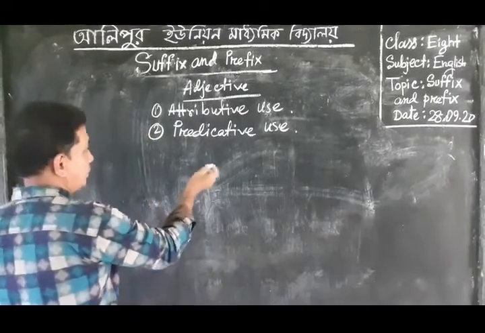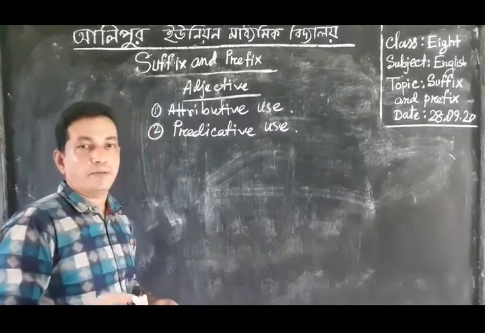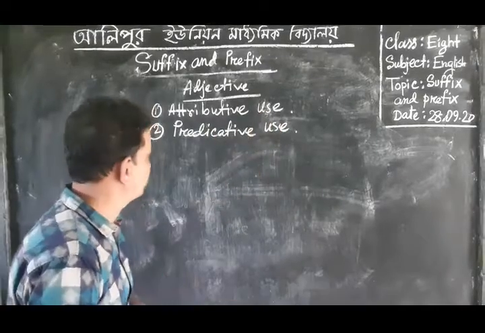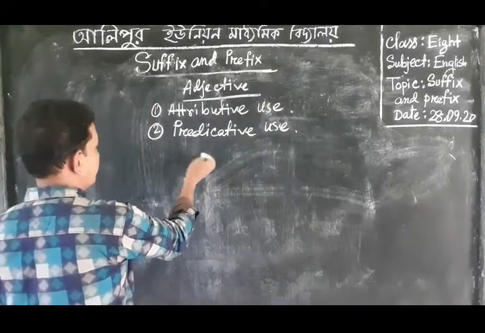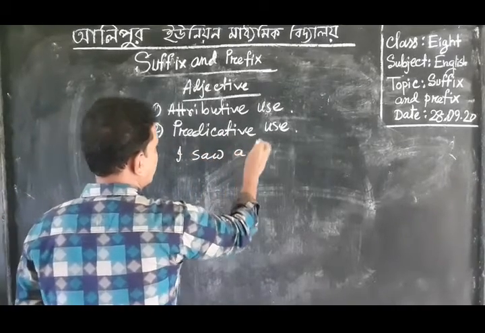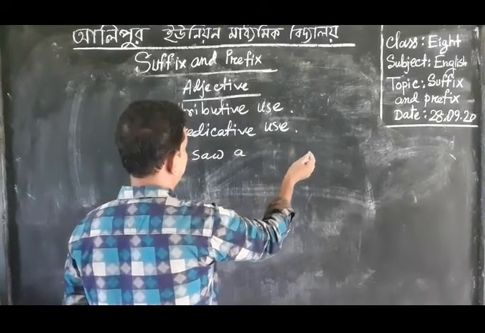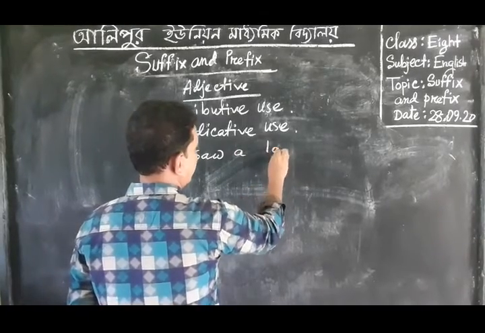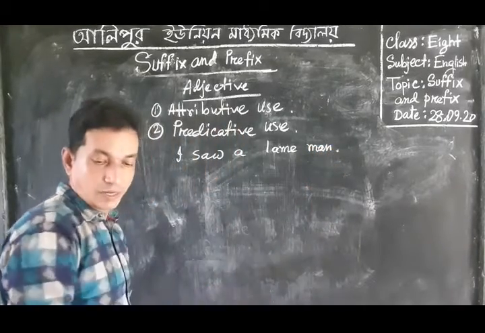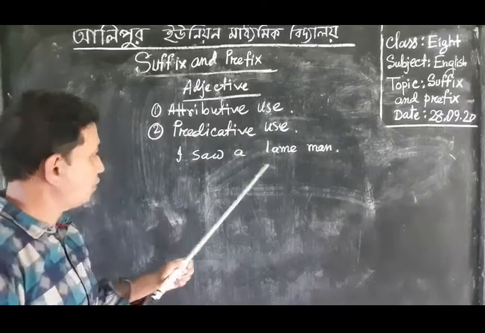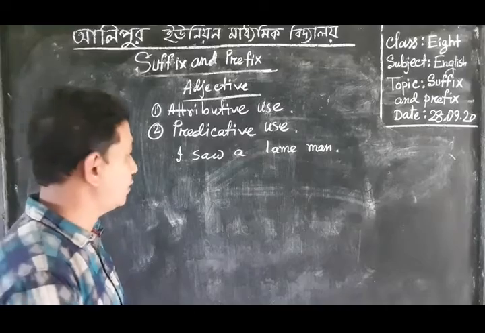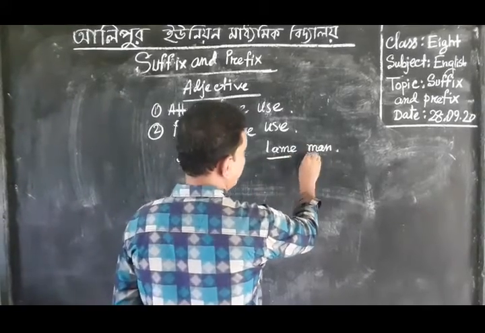Look at the blackboard. Now I am writing an example using attributive use of adjective. First of all, dear learners, I saw a lame man. Here, lame and man.